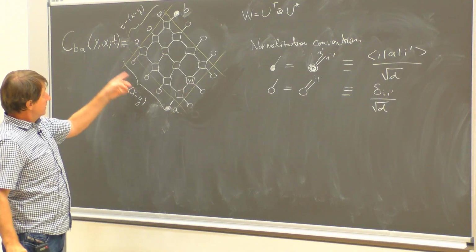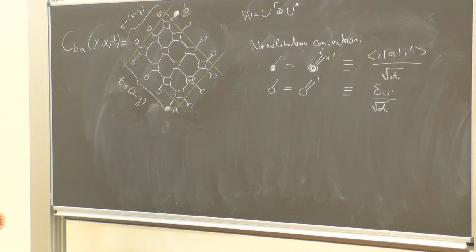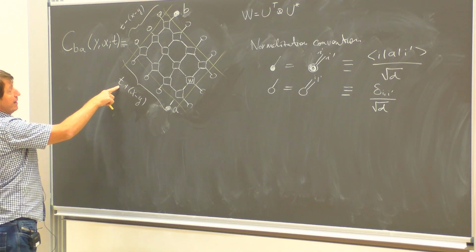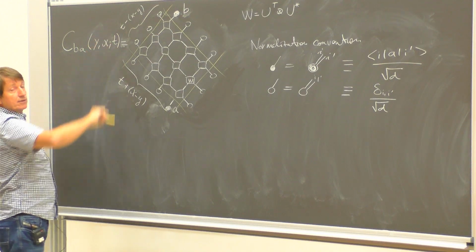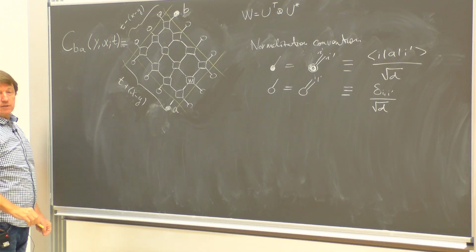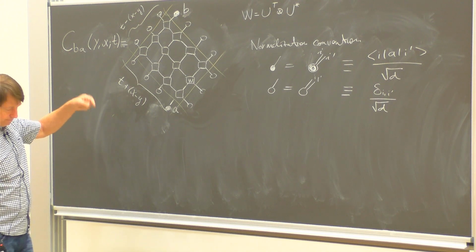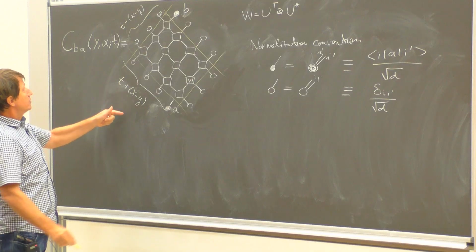And this rectangle has a shape whose sizes are given by the time plus the difference of coordinates and the time minus the difference of coordinates. So it degenerates into a light cone when x minus y is equal to 0. When x minus y is equal to 0, it's symmetric, it's a square.